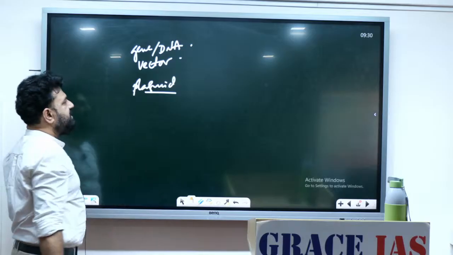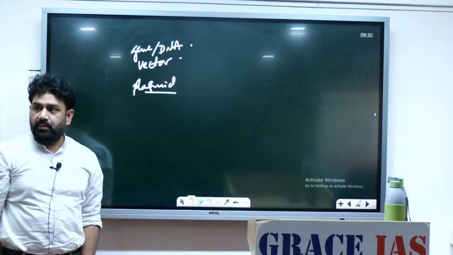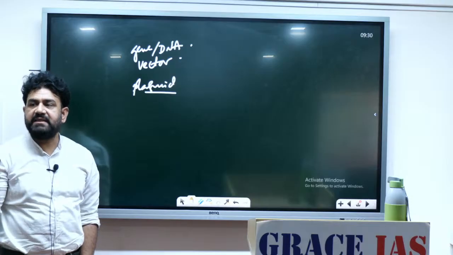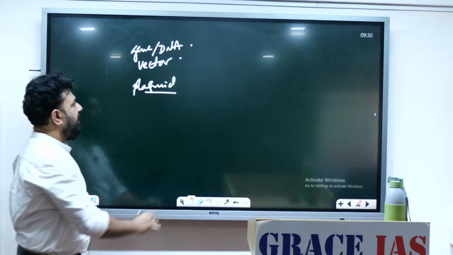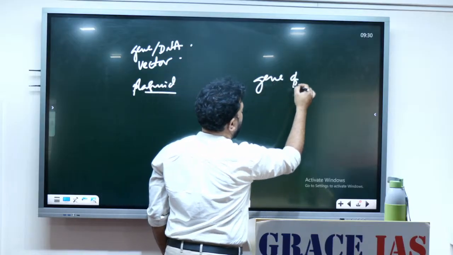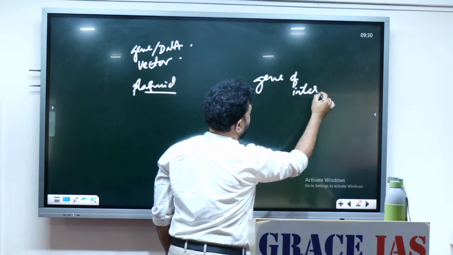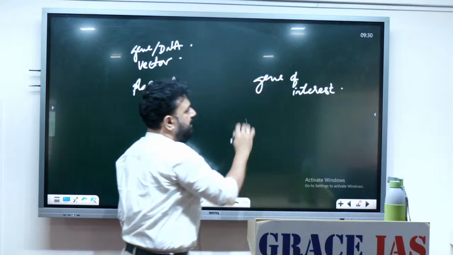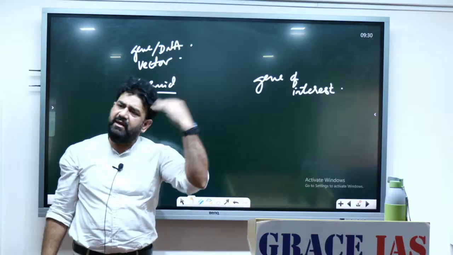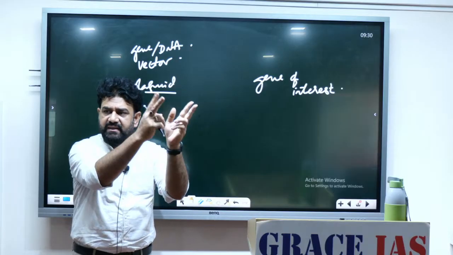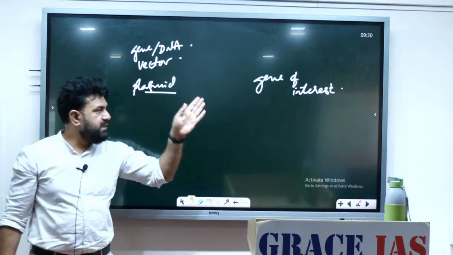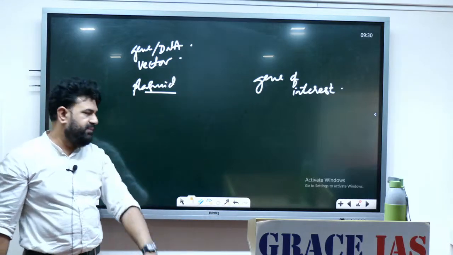Plasmid is a circular extrachromosomal DNA fragment found in bacterial cytoplasm. Next, you have to understand the gene of interest. You find any gene with specific desirable qualities in any organism, cut it, separate it, bring it, fuse it with the plasmid, and you can transfer this into any organism of your choice.